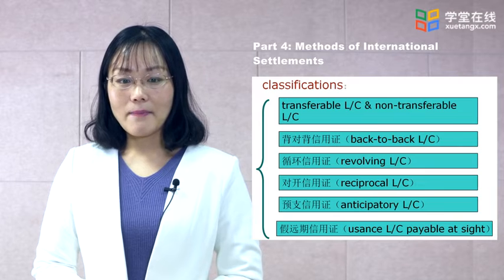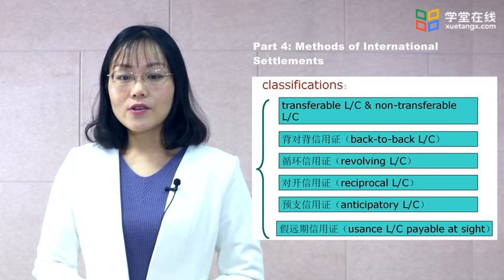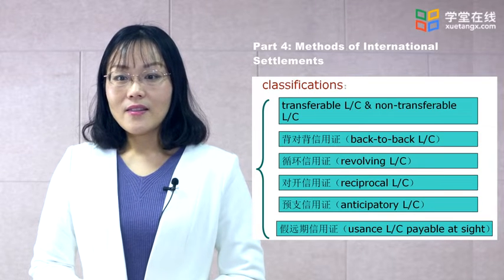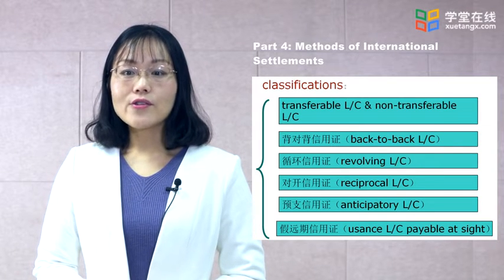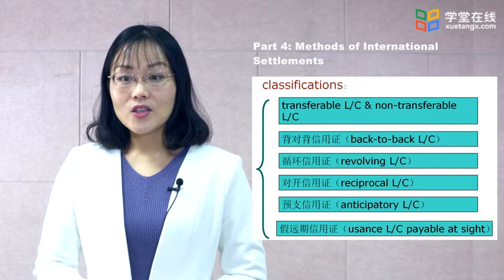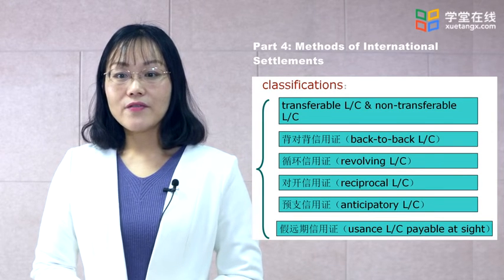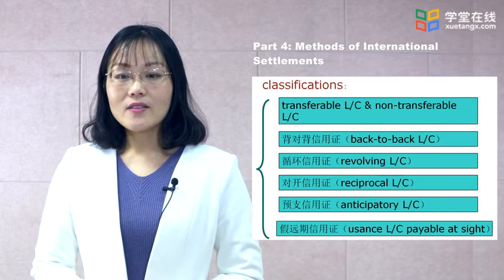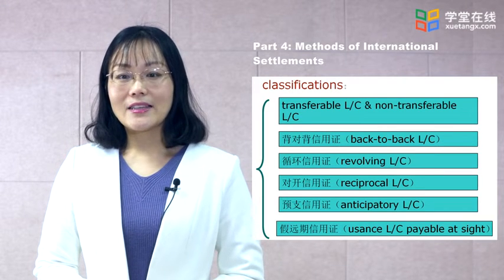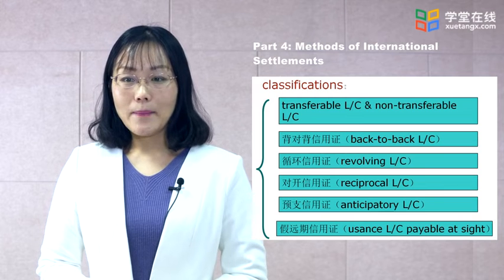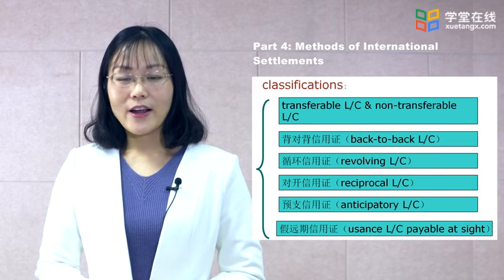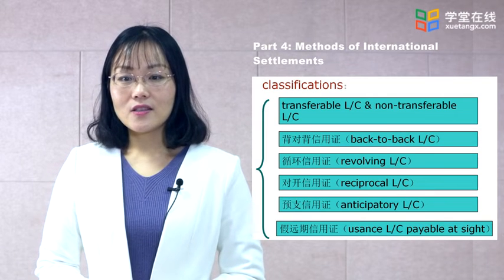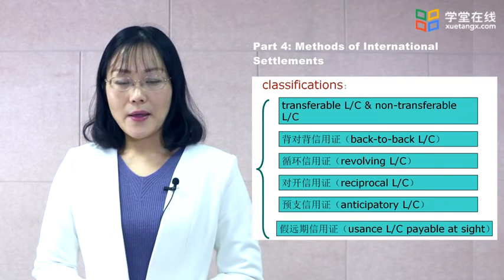It is in all aspects similar to an ordinary commercial credit, except that the applicant of the original credit may assume the position of the beneficiary in the reciprocal credit, while the beneficiary of the original credit may become the applicant in the reciprocal credit. The amounts under the two credits will be roughly the same.